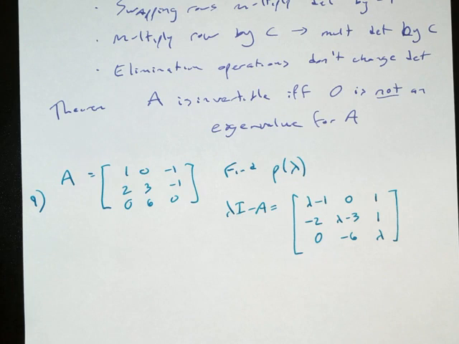Either across the top row, or the bottom one, because there I have zeros. That'll give me 1 fewer term to deal with. Go across the top row.